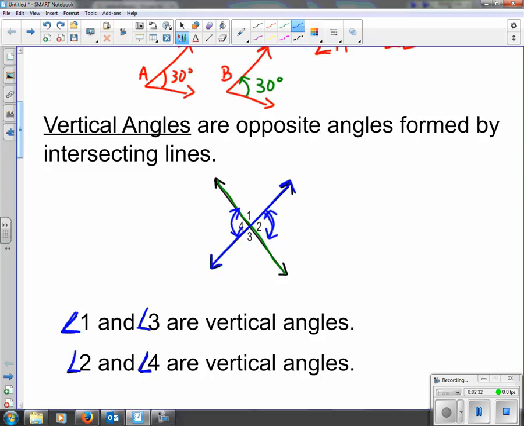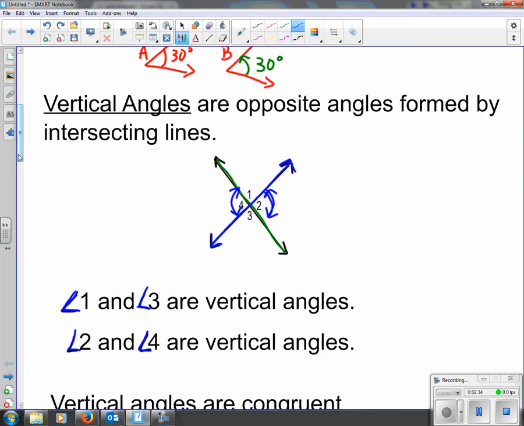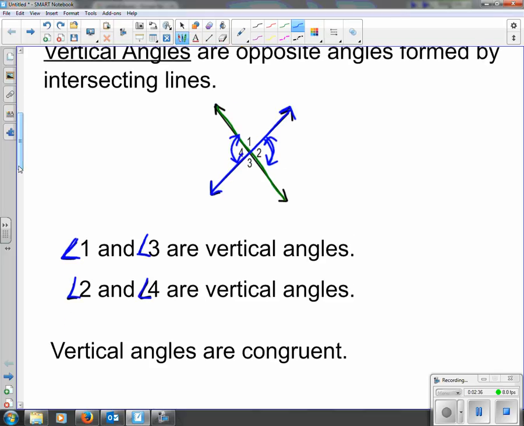Vertical means they're opposite each other, and vertical angles are congruent. So angle 1 is congruent with angle 3, and angle 2 is congruent with angle 4.